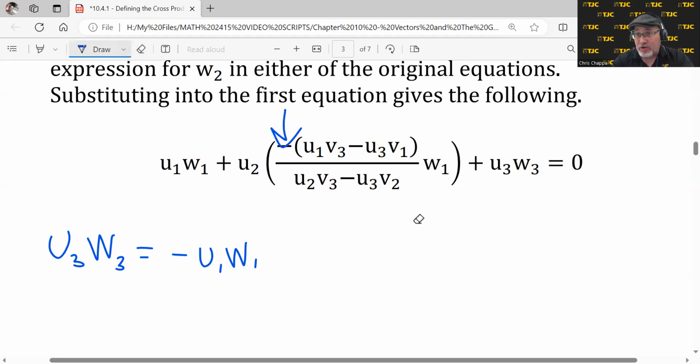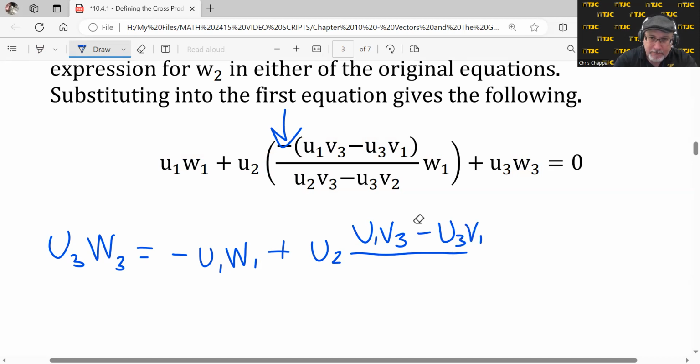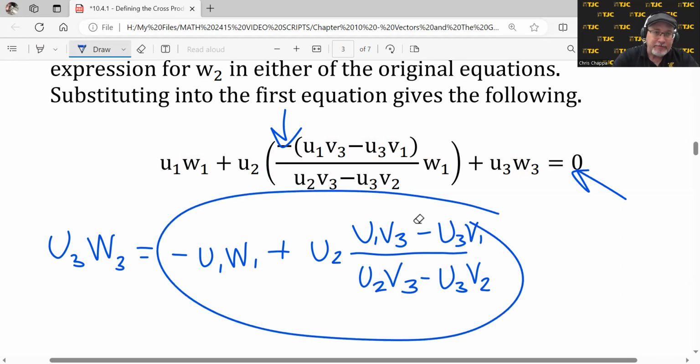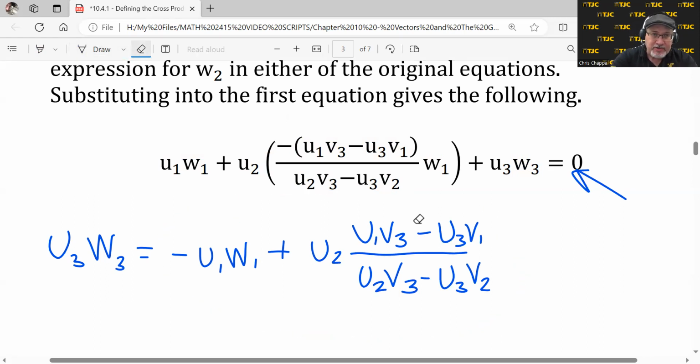So when I move that entire expression over, it will lose that negative sign, and we'll end up with plus U2 times a fraction that has U1 V3 minus U3 V1 over U2 V3 minus U3 V2. And that's what we have, because the right side of the equation was originally 0, and we just moved a couple of terms over there. All right, let's erase some of these arrows.